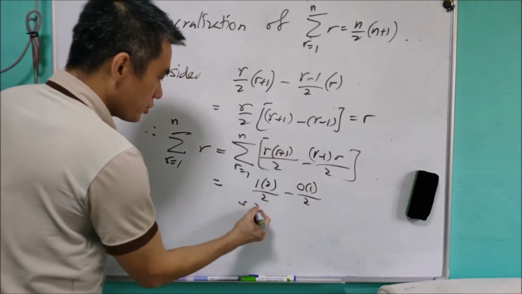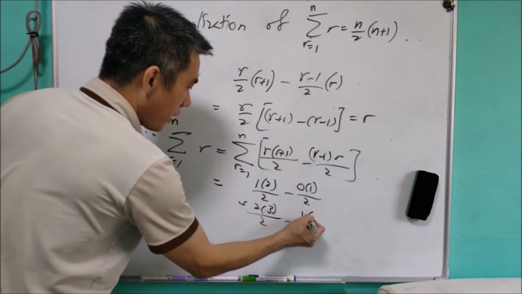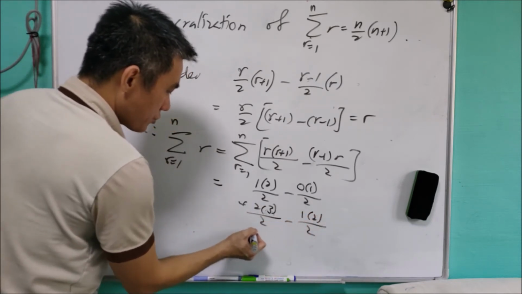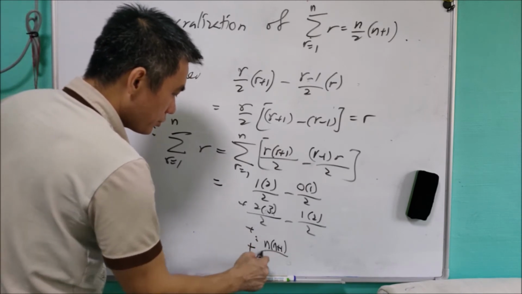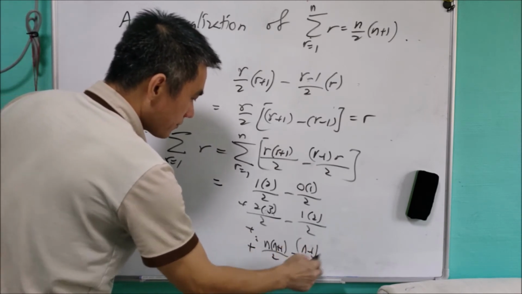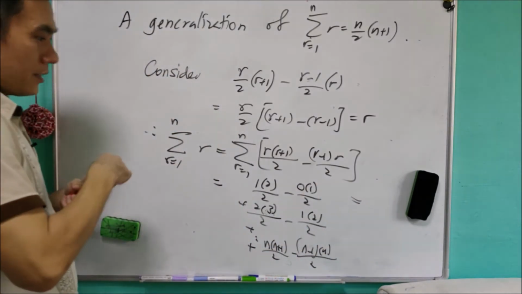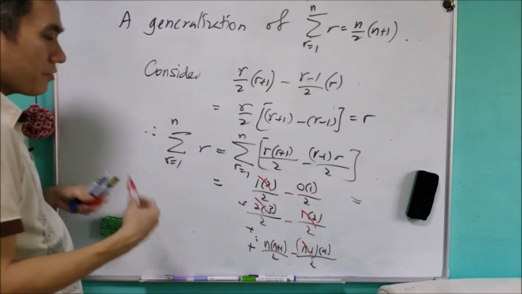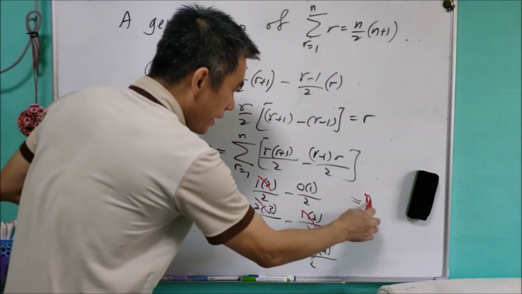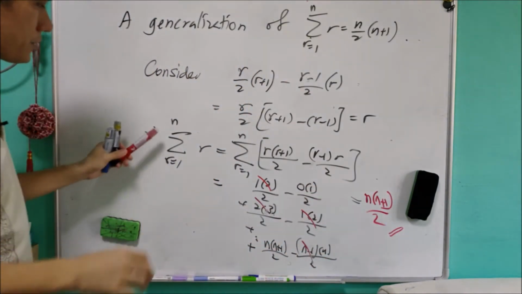The second term will be 2, 3 over 2, minus 1, 2 over 2, and so on and so forth. And the last term will be n, n plus 1 over 2, minus n minus 1, n over 2. And we can see that a lot of them can be cancelled off, and we are left with the term n times n plus 1 over 2. This is how we get the summation of r.